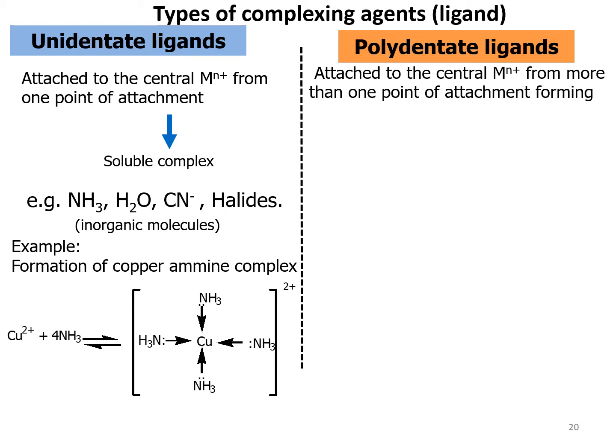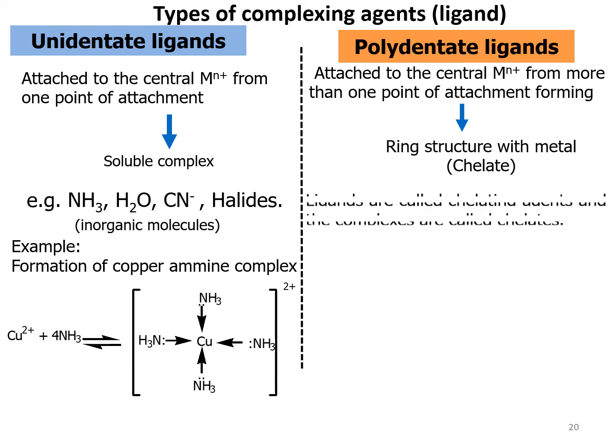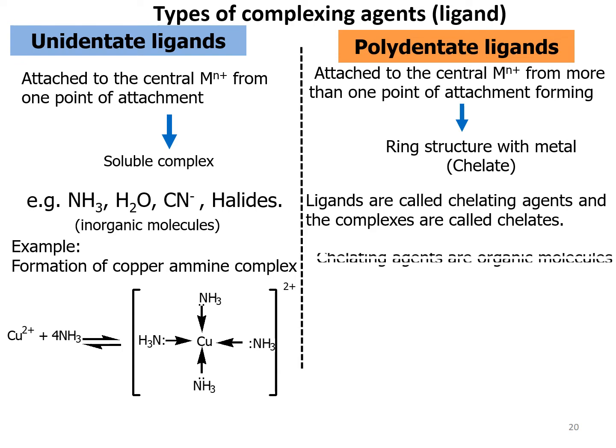On the other hand, polydentate ligands are attached to the central metal ion from more than one point of attachment, forming a ring structure complex with the metal, which is called a chelate. Ligands at this stage are called chelating agents, and complexes are called chelates.